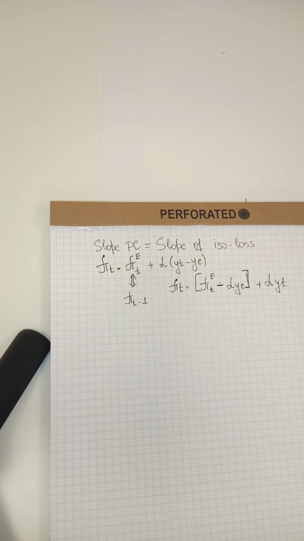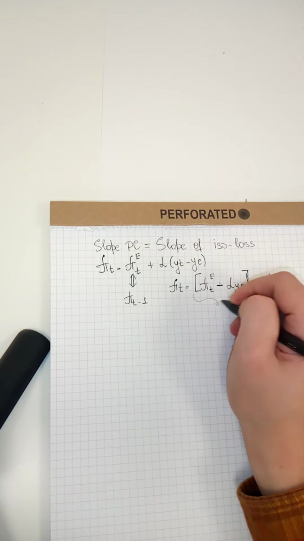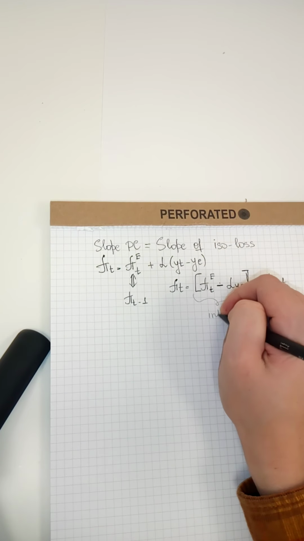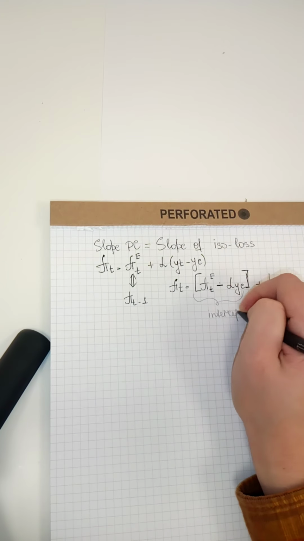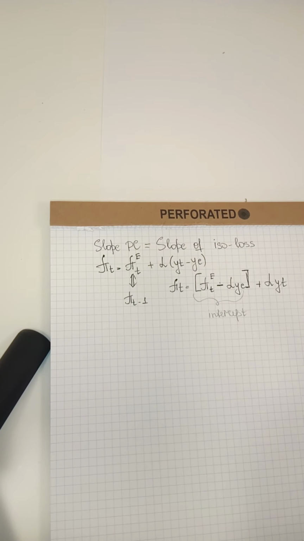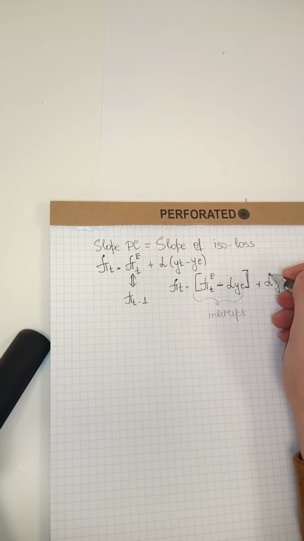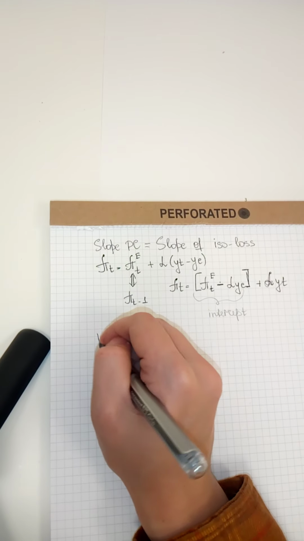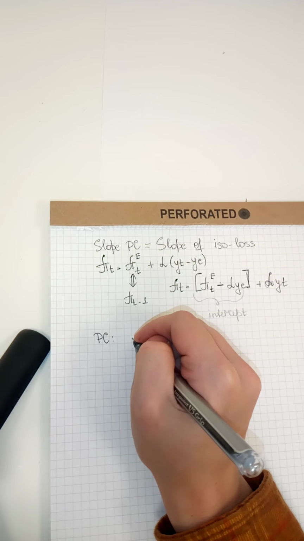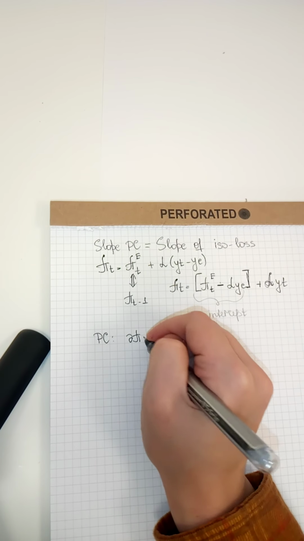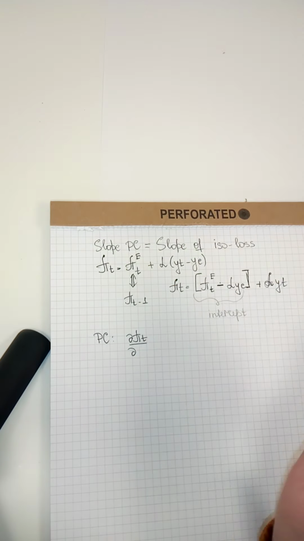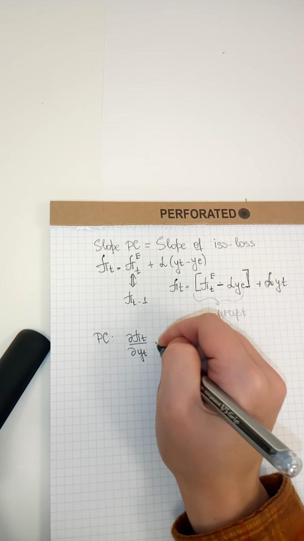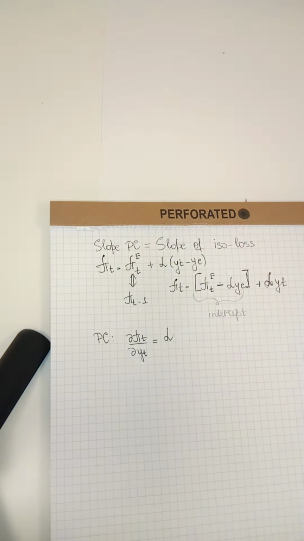The first part stands for the value of the intercept, and this part depends on the level of output. So the slope of the Phillips curve is equal to alpha. From the Phillips curve, d pi t over d yt is simply equal to alpha.